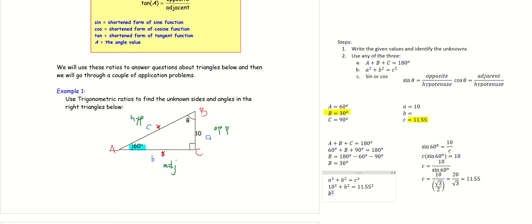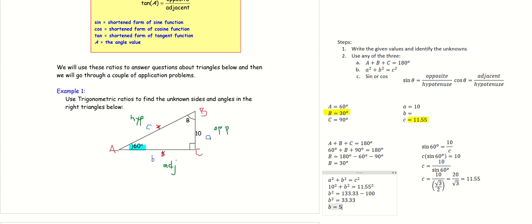So we have b squared is equal to 11.55 squared, which is 133.33, minus 100, because 10 squared is 100. We have b squared is equal to 33.33, and to get b, we just have to get the square root of 33.33.